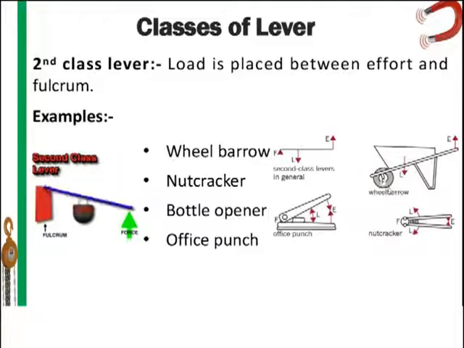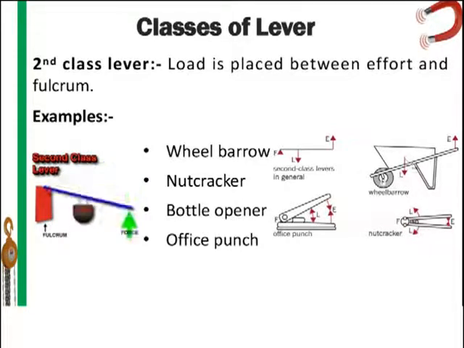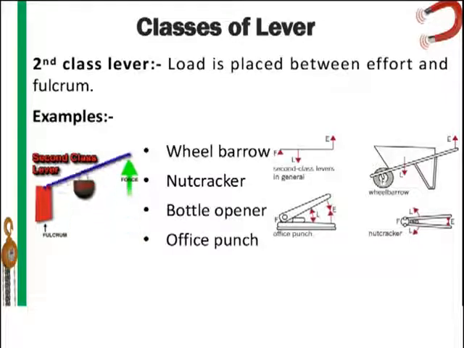For example, in the case of the wheelbarrow, you can see the position of the fulcrum, which is just where the wheel is, and the load is represented by this arrow, the force acting downwards, and effort is represented by the symbol E, the force acting upwards on the handle of the wheelbarrow.